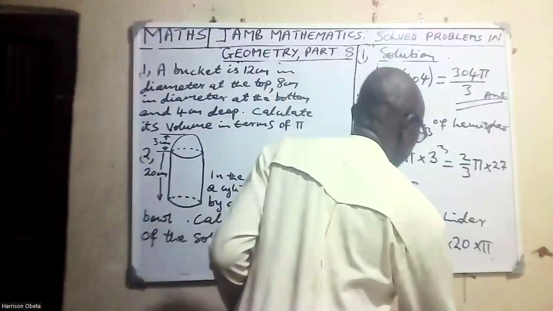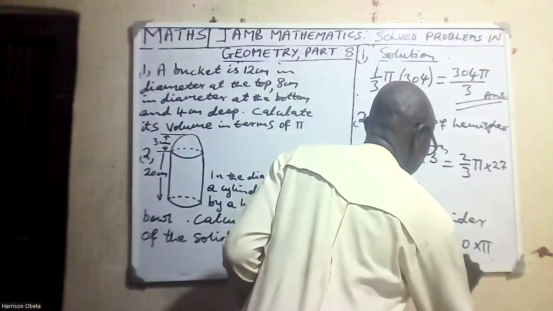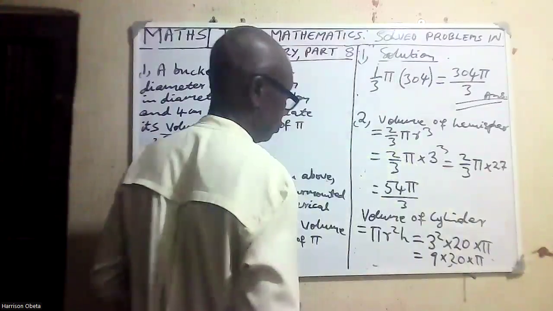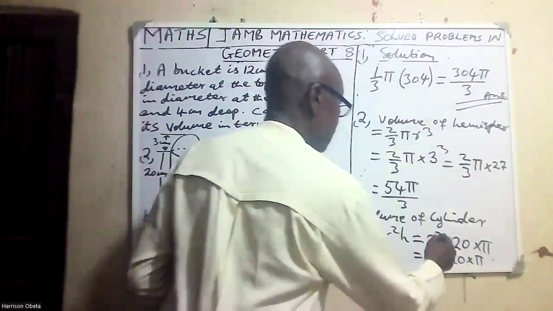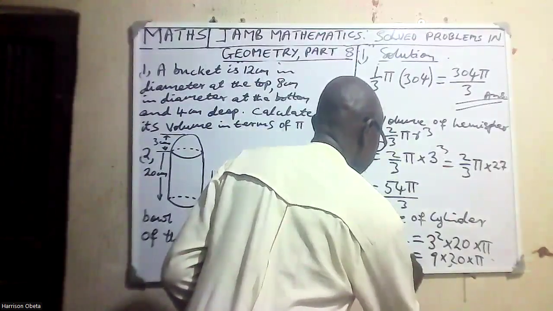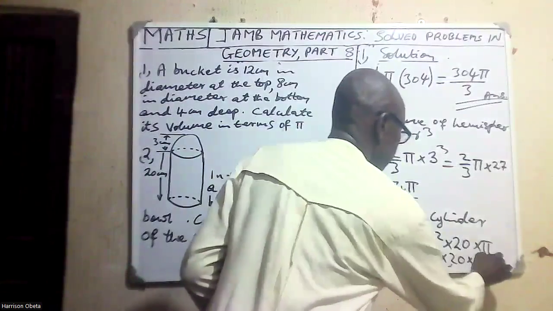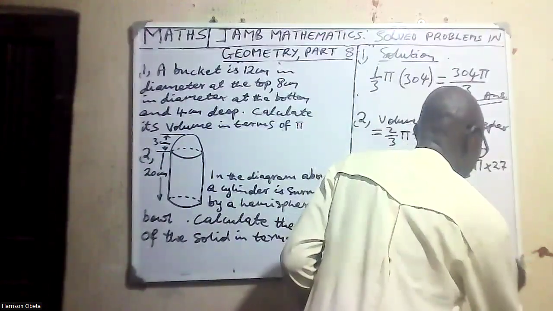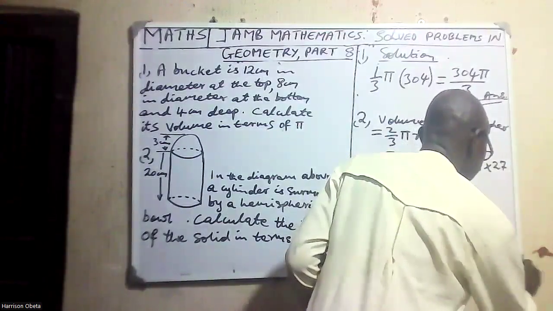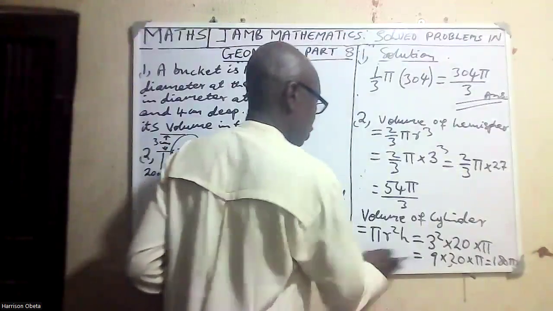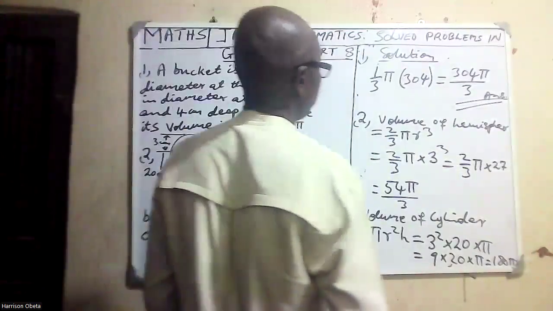And that will give us 9 times 20 times pi. So from there we have 180 pi. So we add the two.